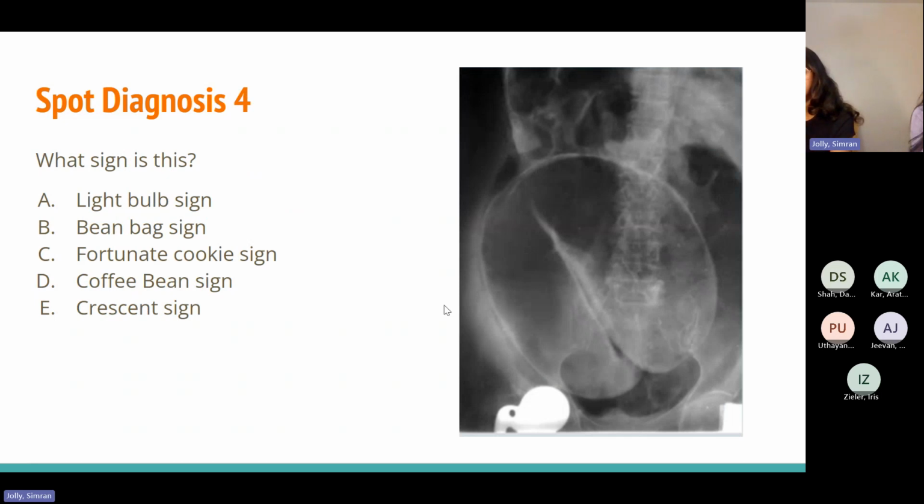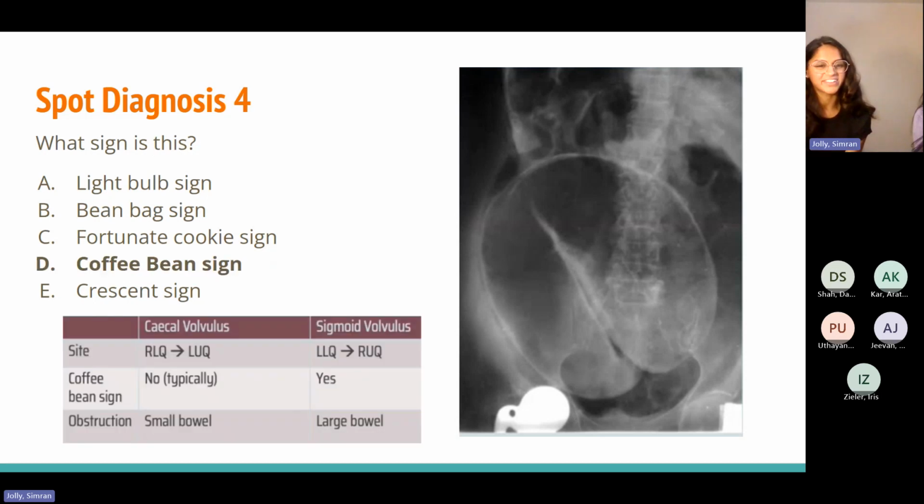Okay, here. Does anyone know what this sign is? Okay, I'll just go through it. That's okay. So it's a coffee bean sign. It just looks like what a coffee bean would look like, so that's why they call it that.